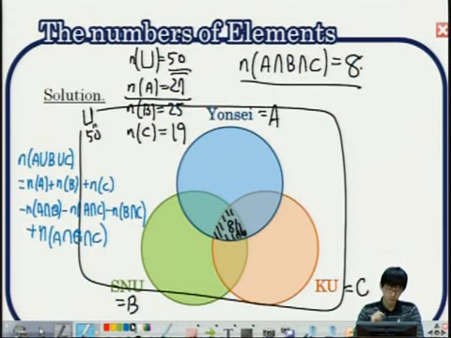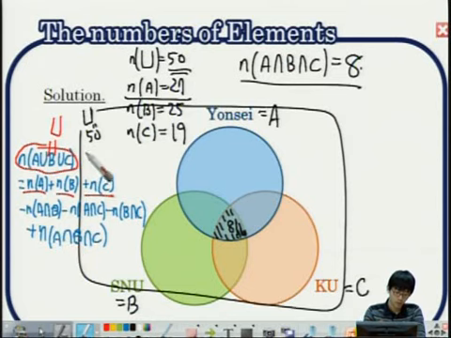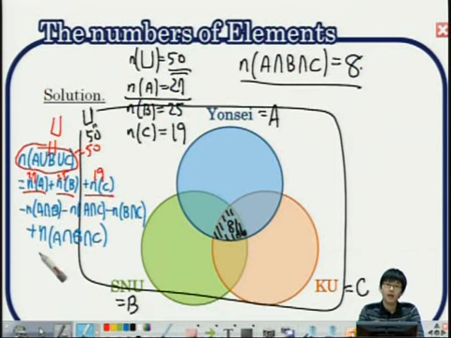So then in this equation there are some things we know. We know this, we know this, and we know this. And we also know this, because this sum of A set, B set, C set is U. So this is 50, and this is 27, and this is 25, and this is 19. And this is 8, as you see here.